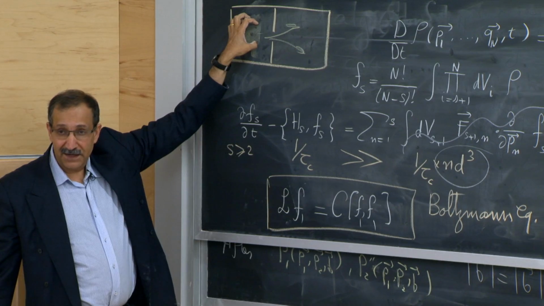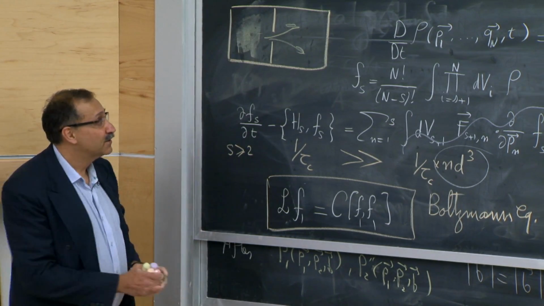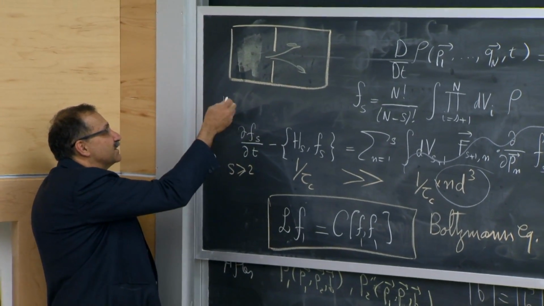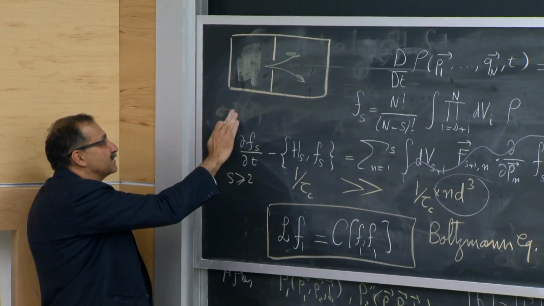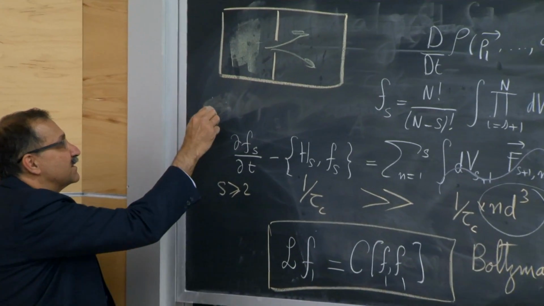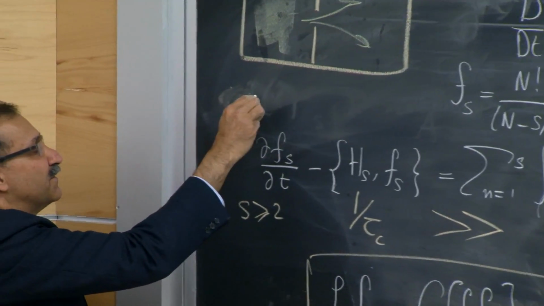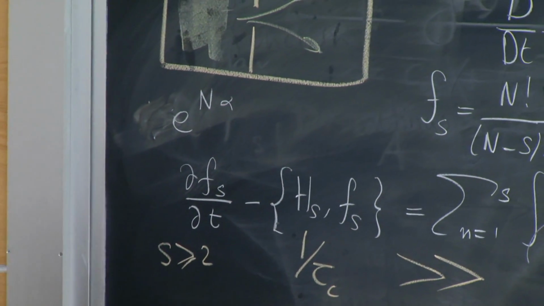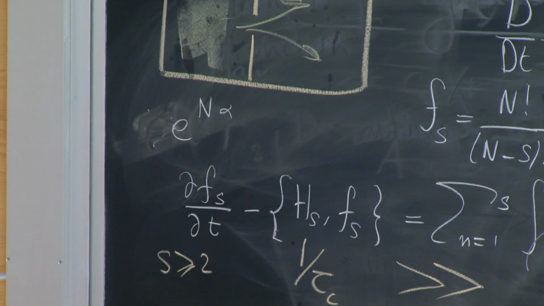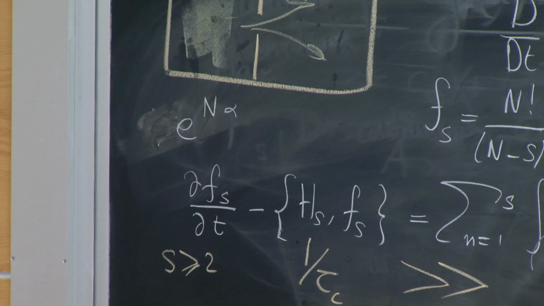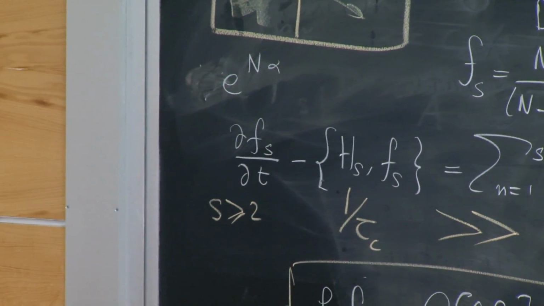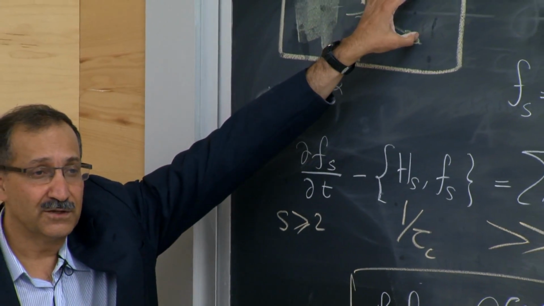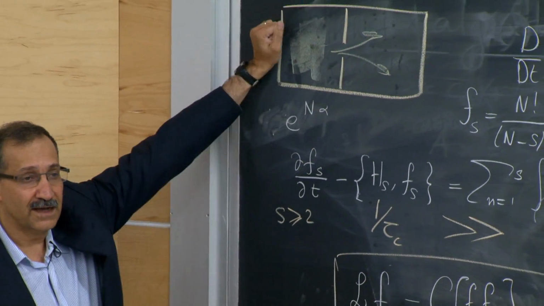But the time it takes for that to happen, up to various prefactors, would grow exponentially with the number of particles that you have. And remember that you have of the order of 10 to the 23 particles. So there is indeed, mathematically rigorously, a recursion time.